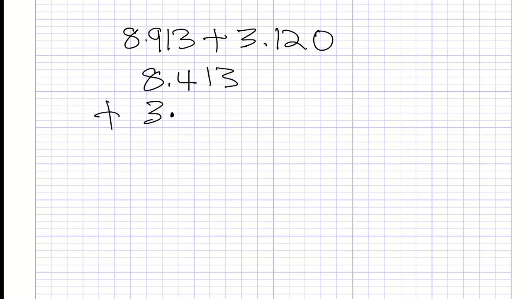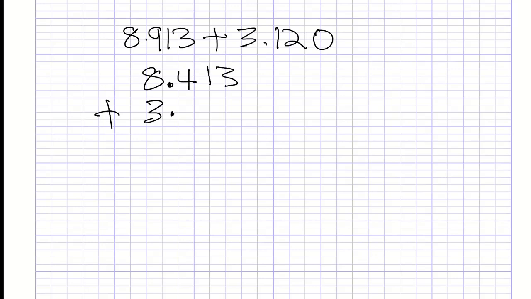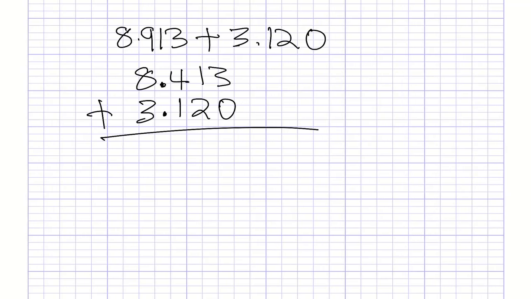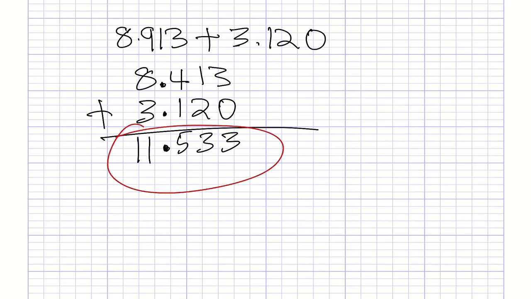You line up the decimal points right there. Once you get it lined up like that, everything is a piece of cake. So you add 3 and 0 is 3, 1 and 2 is 3, 4 and 1 is 5. You bring down the decimal point. 8 plus 3 is 11, and then you're done. You see how easy that is?